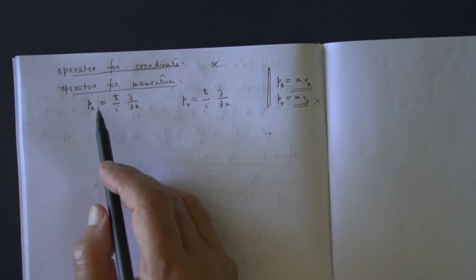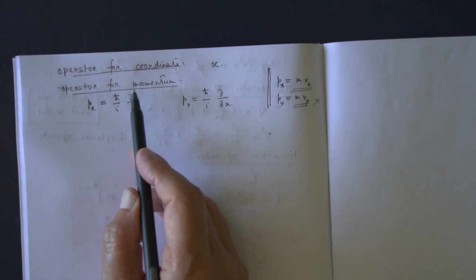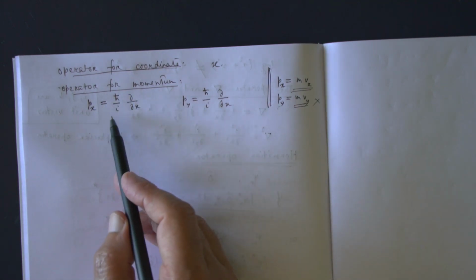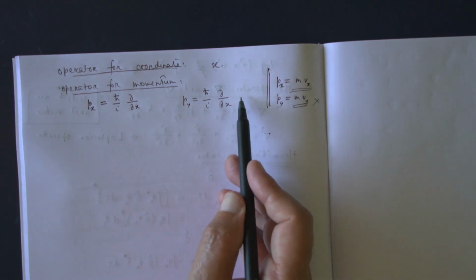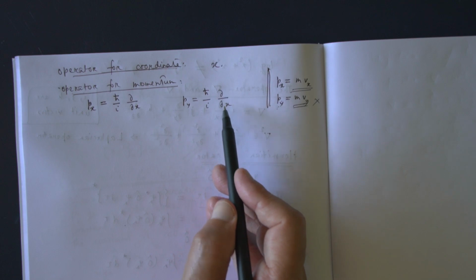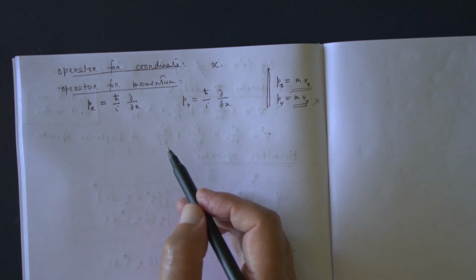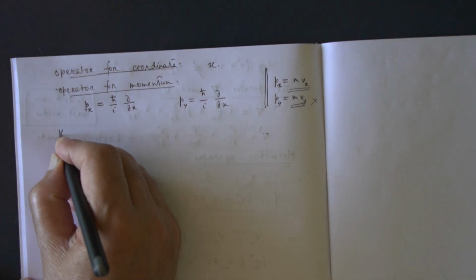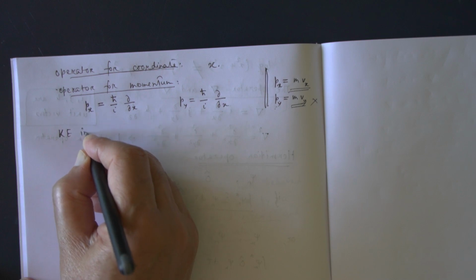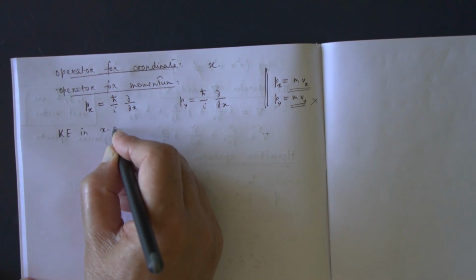Just remember the operators for the x, y and z components of momentum. Now let us see how we write the operator for a physical quantity. Suppose kinetic energy in x dimension.